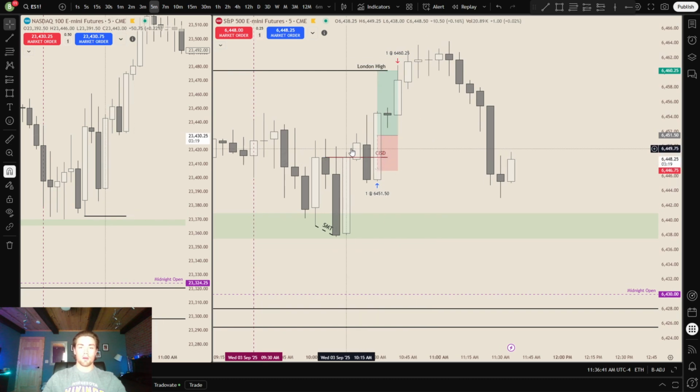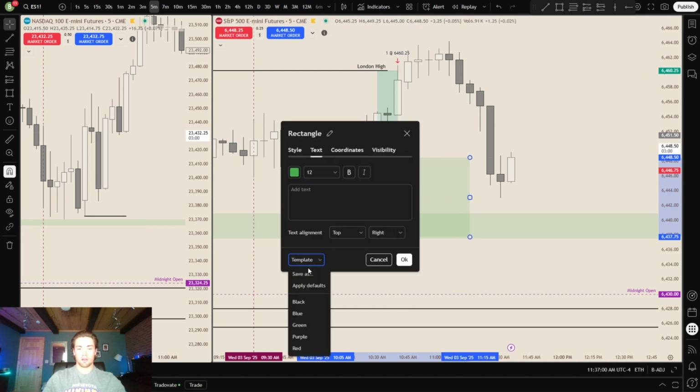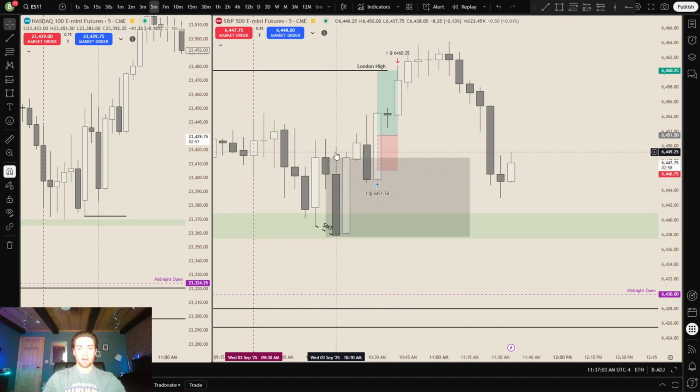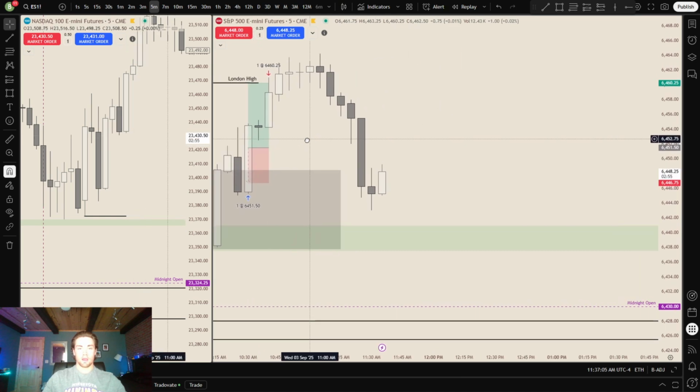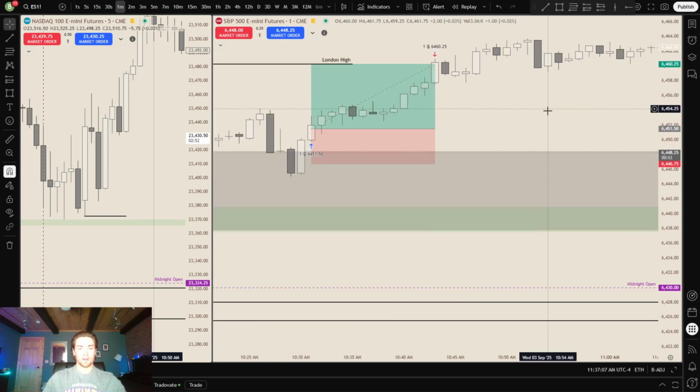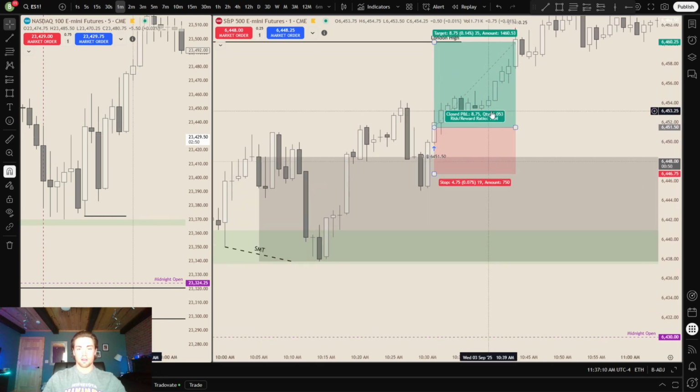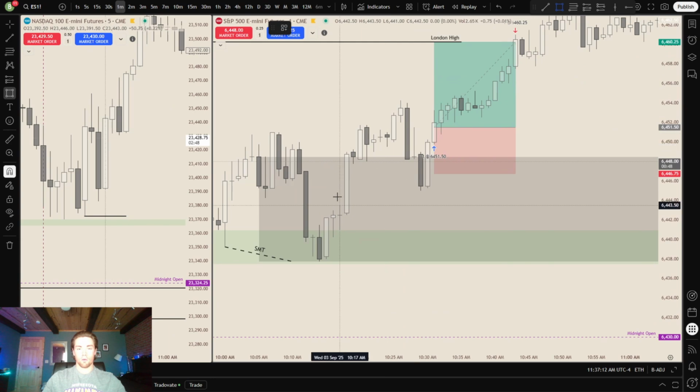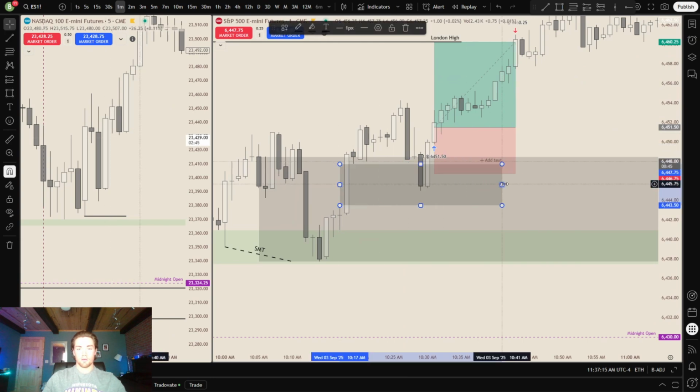But I didn't really want to enter right here because I didn't really like the risk reward, because I'd have to have my stop all the way down here if I would have entered right off the 5-minute change. So from there, I marked out this 5-minute order block right here. I'll put that in black. And I also scaled down into the 1-minute and saw this large 1-minute imbalance right here.